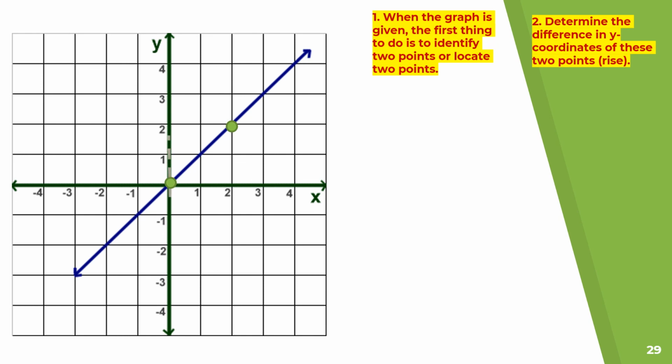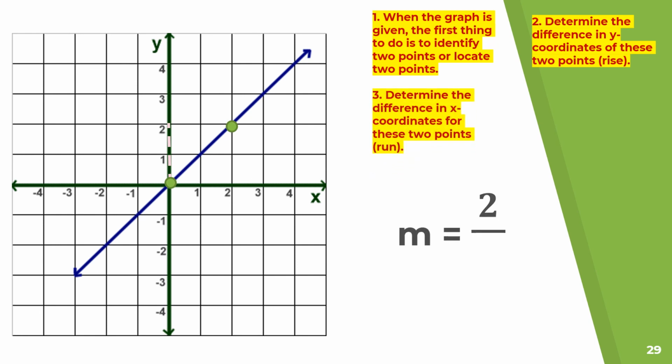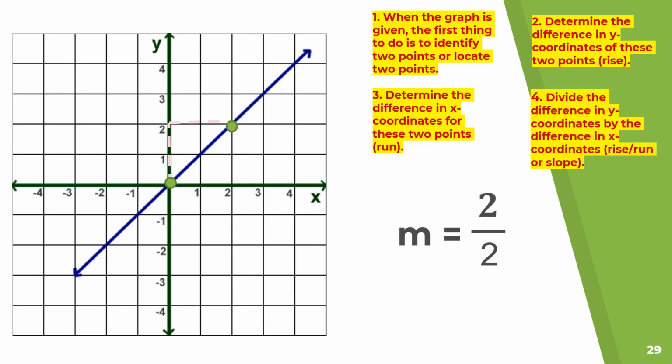What's the rise? Count natin. 1, 2. So our rise is 2. How about the run? 1, 2. Since pa-right na siya, class, positive na ang run. So, divide. 2 divided by 2, our slope is 1. What if dito ko sa 3,3 ang isang point, sir? Okay lang din. You will arrive with the same answer.